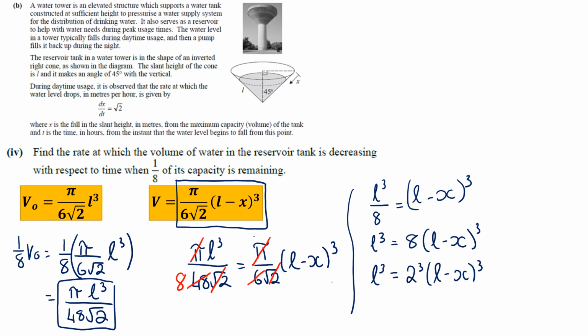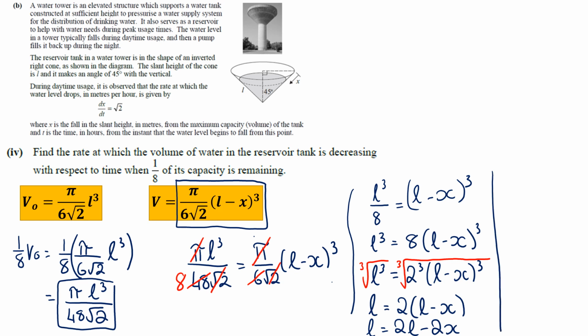Because if I do that, I can actually cube root both sides, which will give me L is equal to 2 times (L minus x), which simplifies this question so much. So I have L is equal to 2L minus 2x, which gives me 2x is equal to L, so x is equal to L over 2.